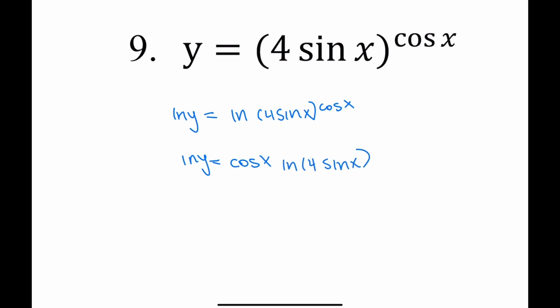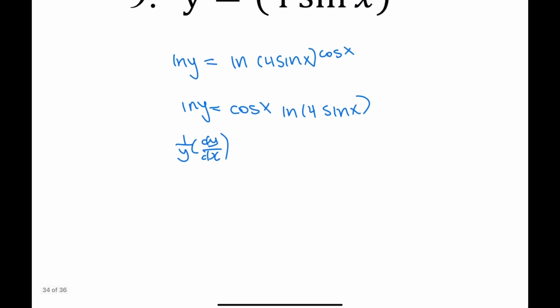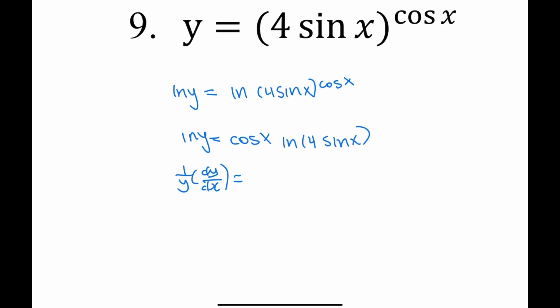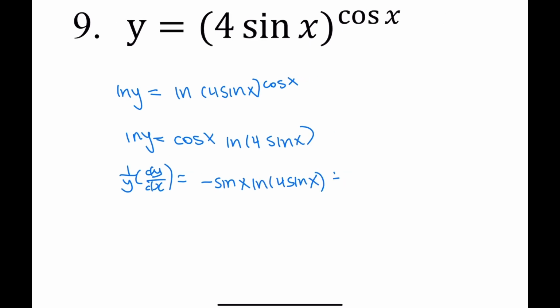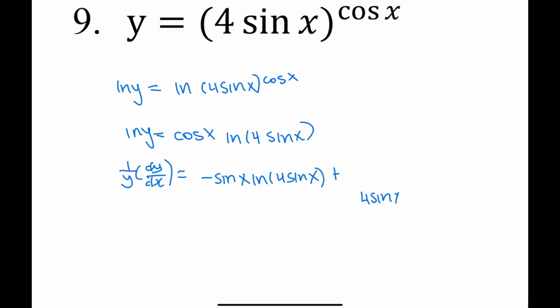Okay, so derivative of ln y, 1 over y times dy dx equals, product rule again, negative sine x ln 4 sine x, and then plus 4 sine x over 4 cosine x, and then times cosine x.